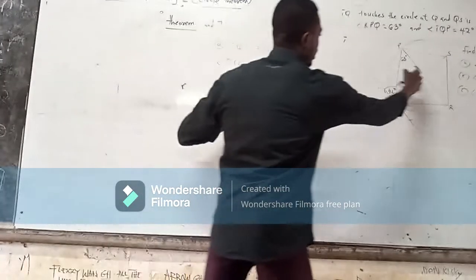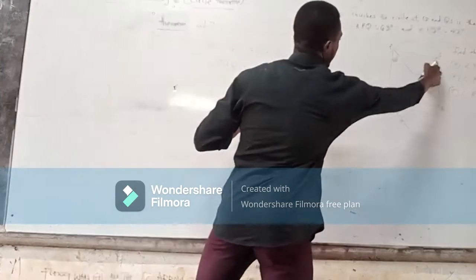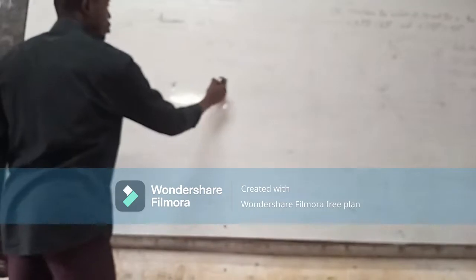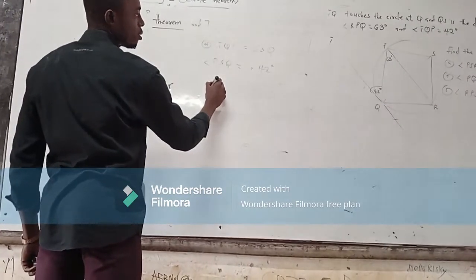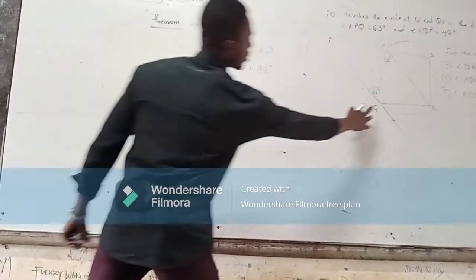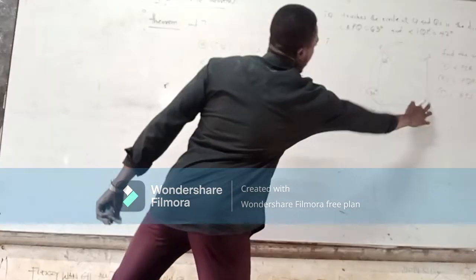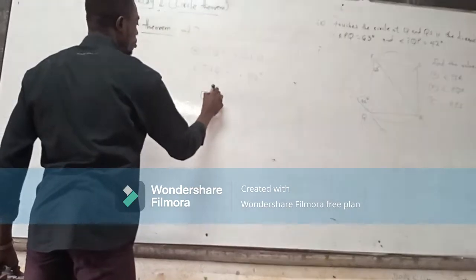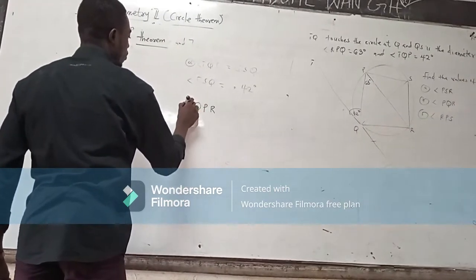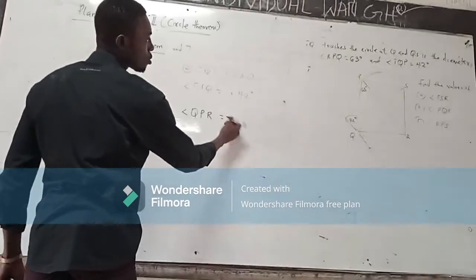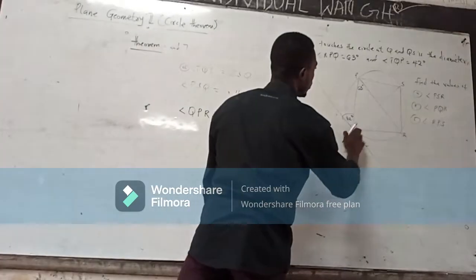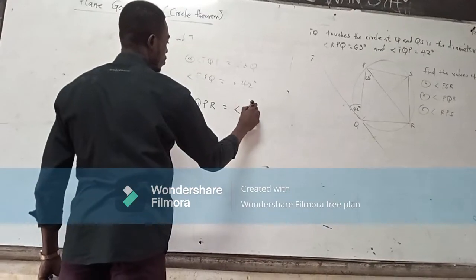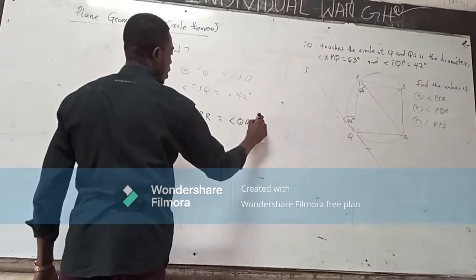So if we have that to be 42, another thing that we learned is that once this one is built on the same chord here and here, it means that we can also see that angle QPR is equal to the angle QXR.